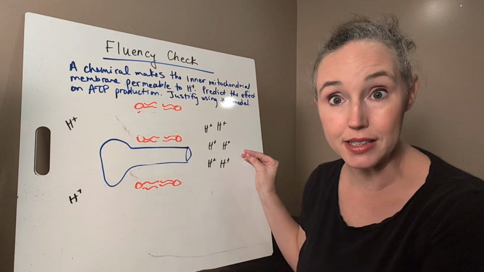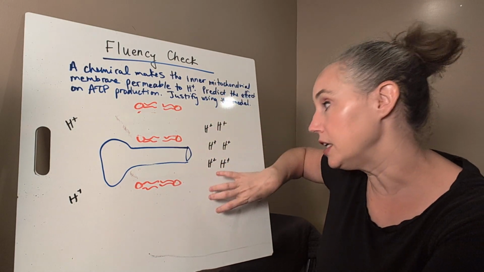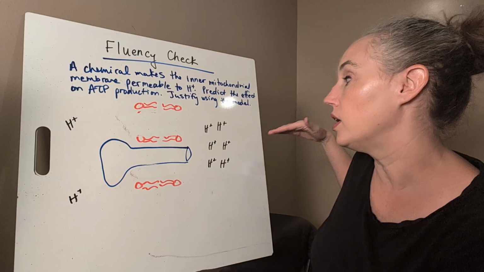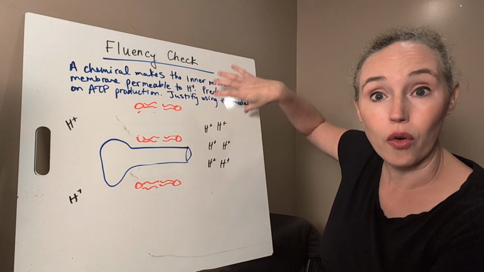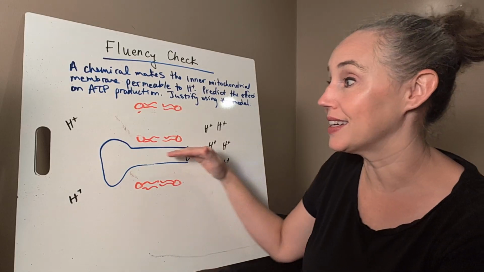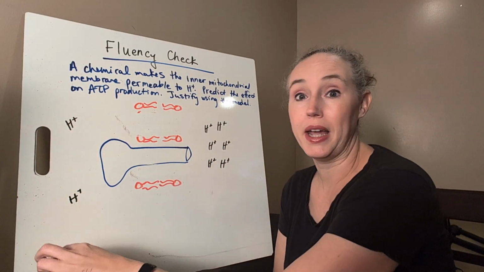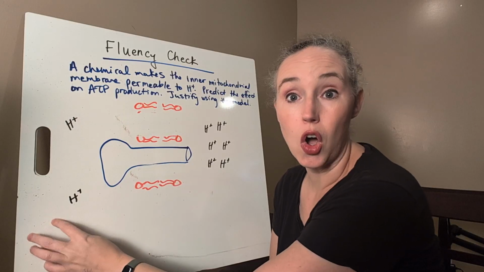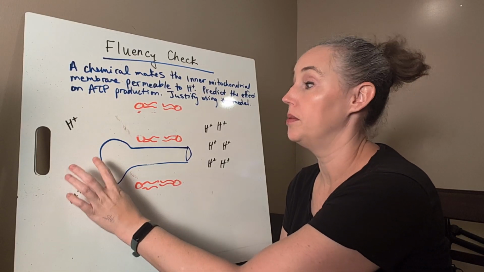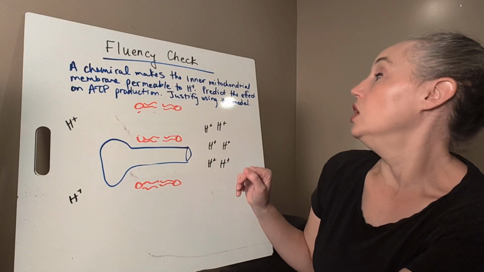And without the gradient, we don't have the potential energy. And without the potential energy, we're not going to have the energy transfer from a high potential energy to then a kinetic energy to then the chemical energy that is made when ATP is produced on this side of the ATP synthase.